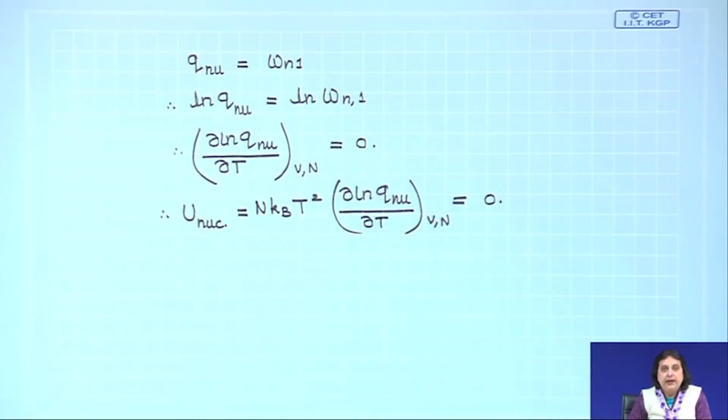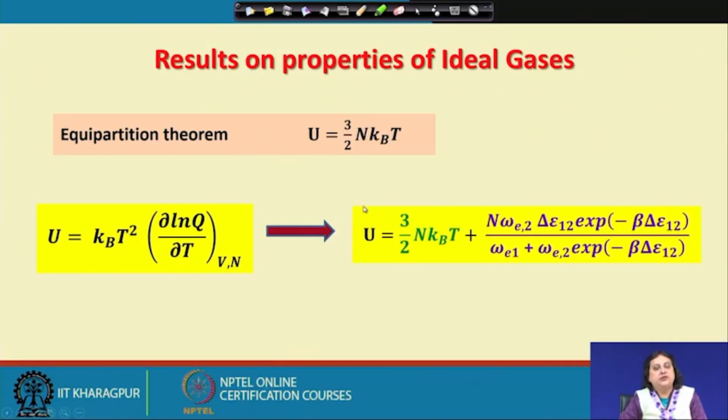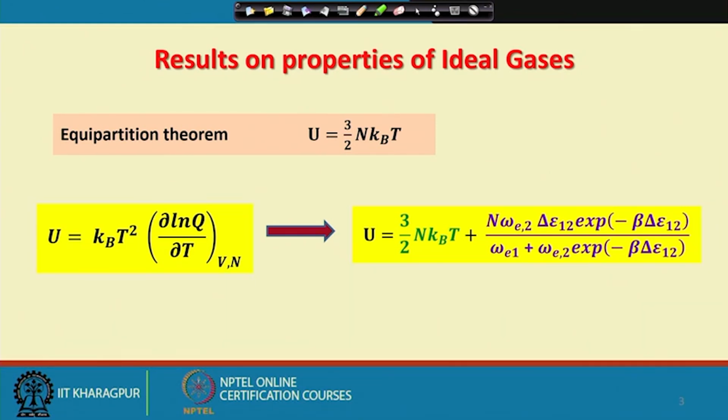So, what is the net internal energy of the system then? The net internal energy of the system is given by an expression like this. Now, this is something very interesting, because in this expression I have first this green term that appears corresponding to q trans.